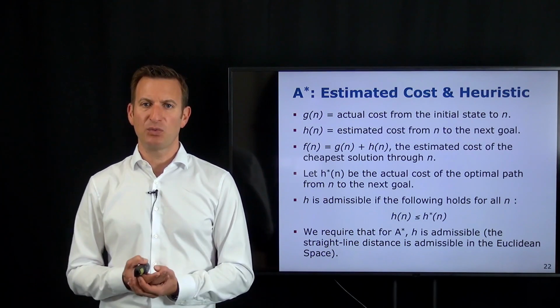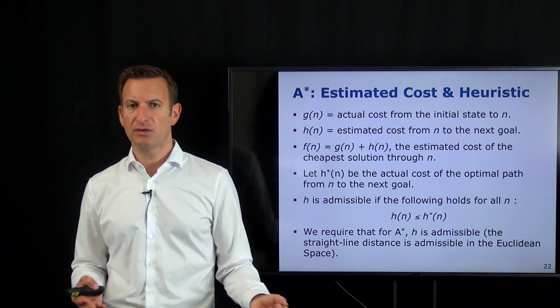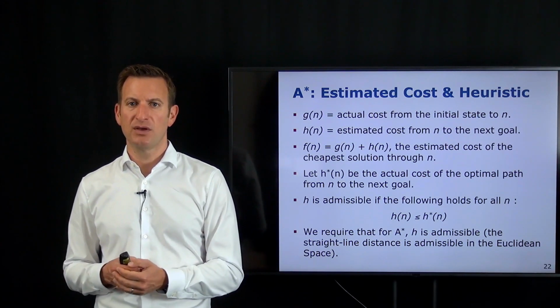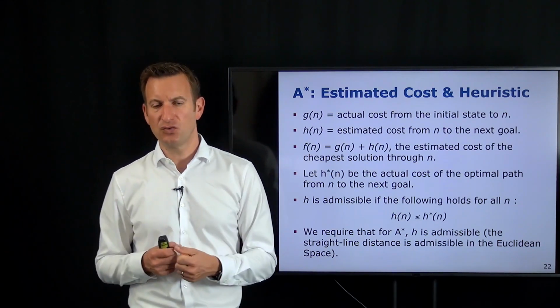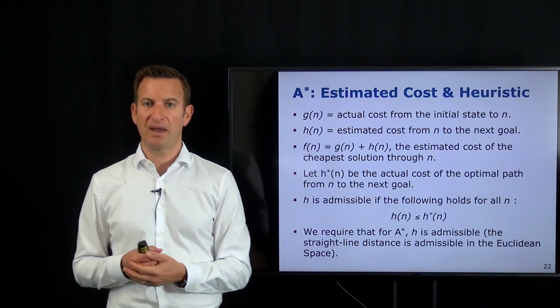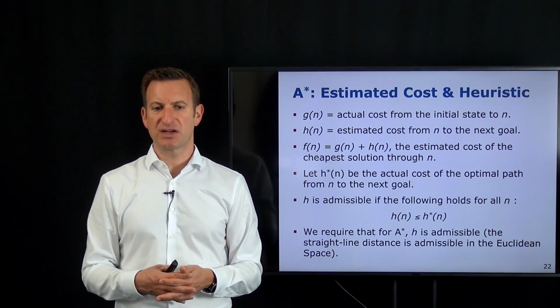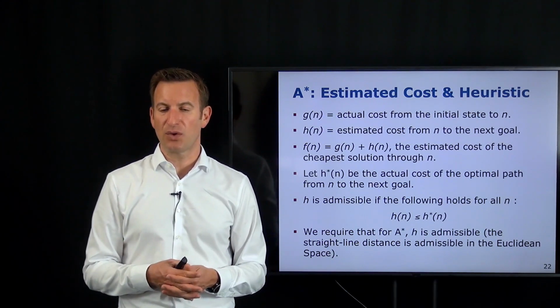Consider again my example with the straight line distance between 2 points. You know that if you have 2 points in a Euclidean space, the straight line distance is the shortest connection between those 2 points. So if everything is free space, this connection between those 2 points is actually the shortest path from one to the other. If there's an obstacle in between on this trajectory, then this is not the case. Then the system needs to make a detour and go somewhere else.